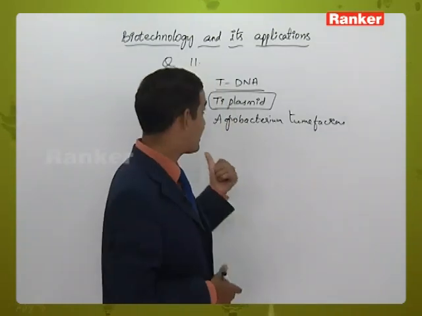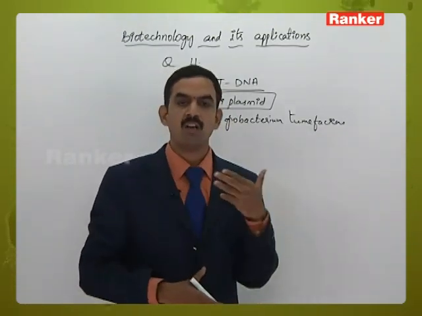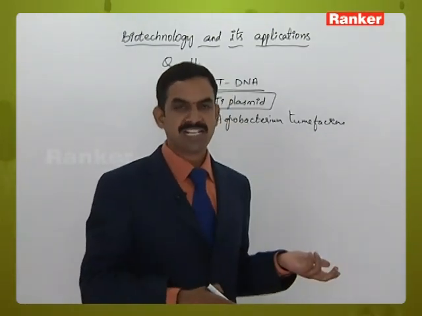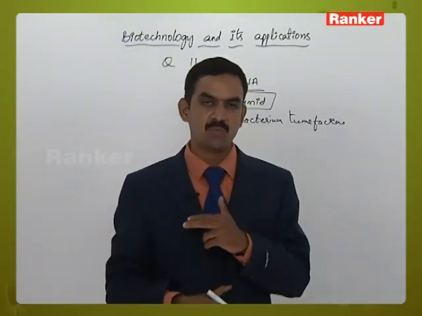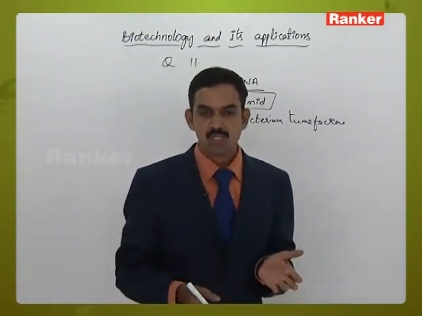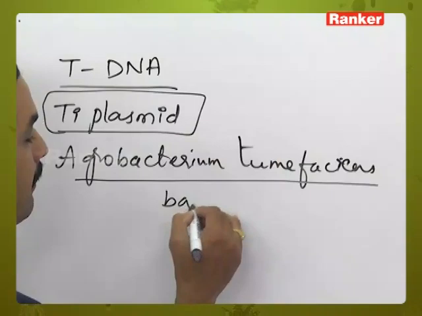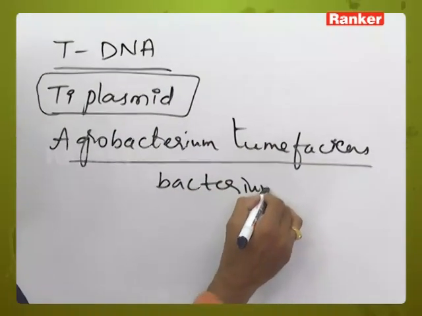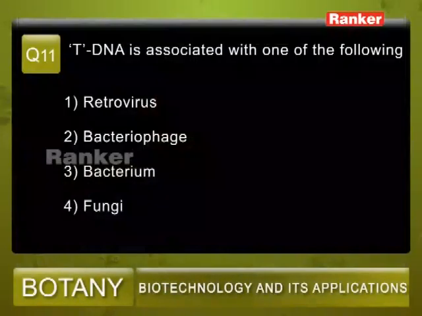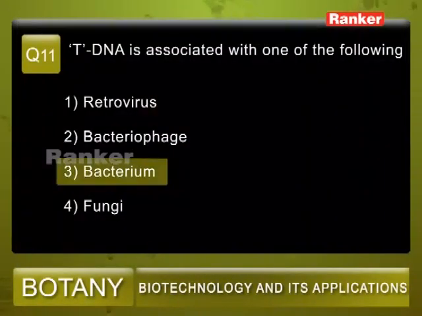Then we can use this Ti plasmid for the genetic engineering process where it is used as a vector. So tDNA is present in Agrobacterium tumefaciens, which is a bacterium. So question number 11, the correct answer is 3.